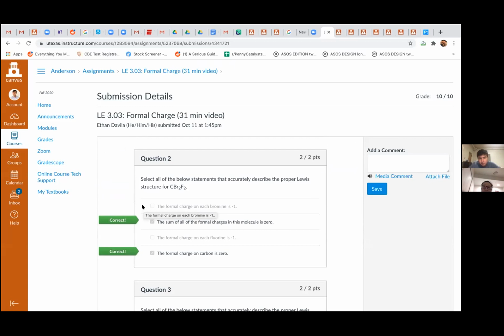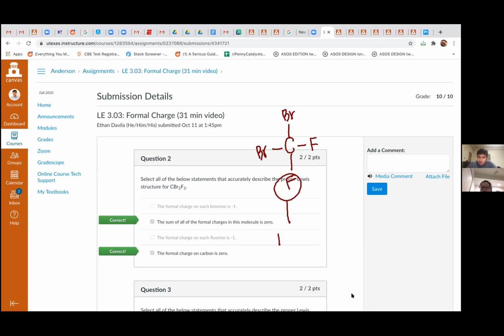So CBr2F2. Do you know how to do formal charges? Yeah. Number of valence electrons minus number of bonds minus number of electrons on the atom.